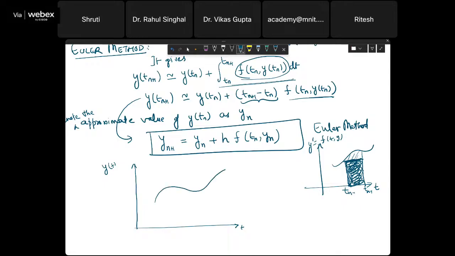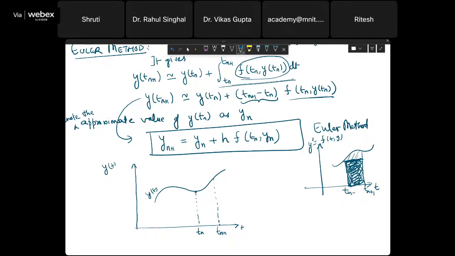This is suppose the Tn value, and this is the Tn plus 1 value. So geometrically, what is happening here is that it is giving us the approximation of this curve y. Here this is the curve y of t.